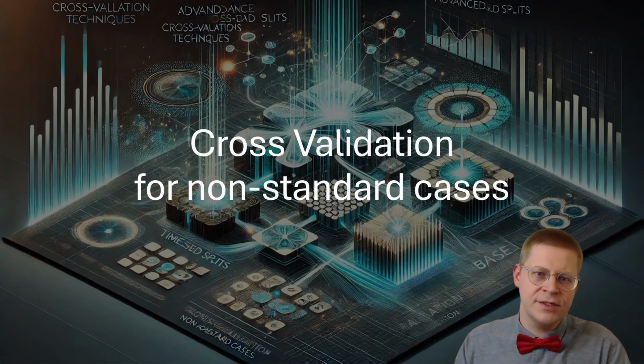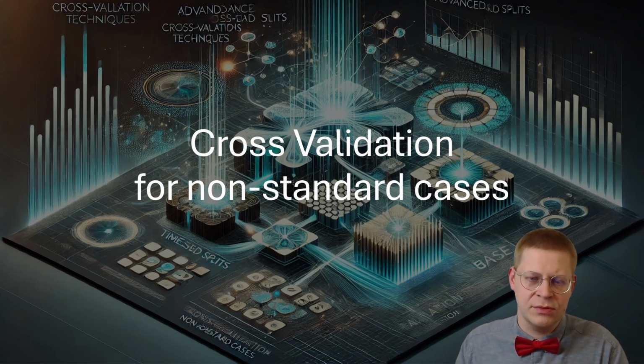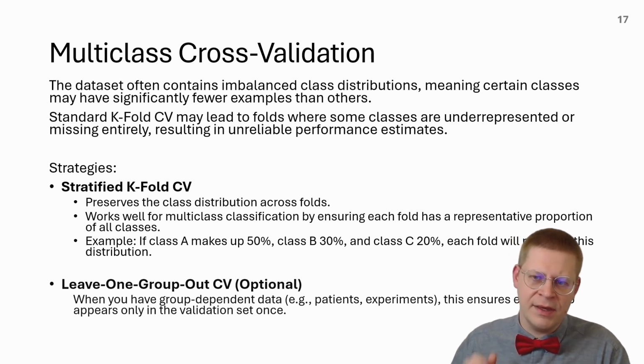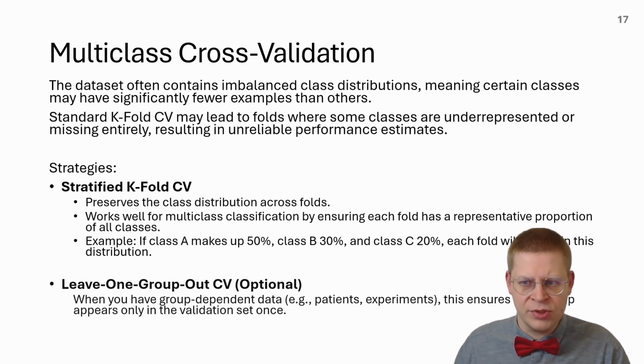What about cross-validation for non-standard cases? What if we have something more complicated than just a binary classification? For instance, multi-class cross-validation deals with a dataset where we have more than two classes like A, B, and C, potentially with imbalanced distributions.